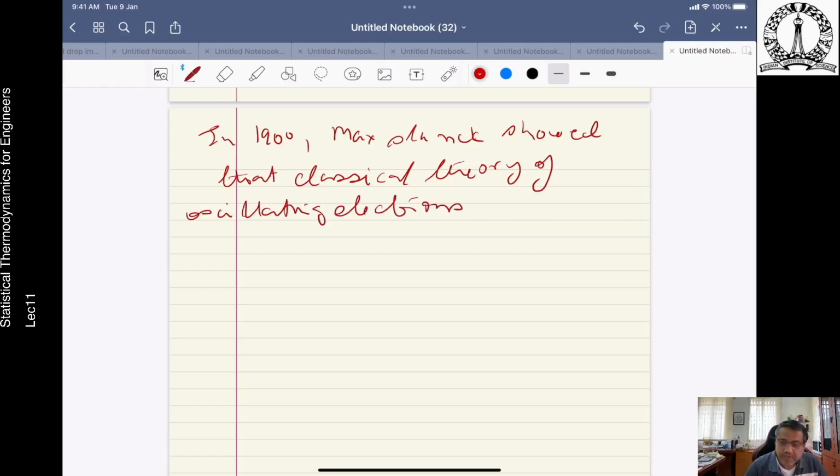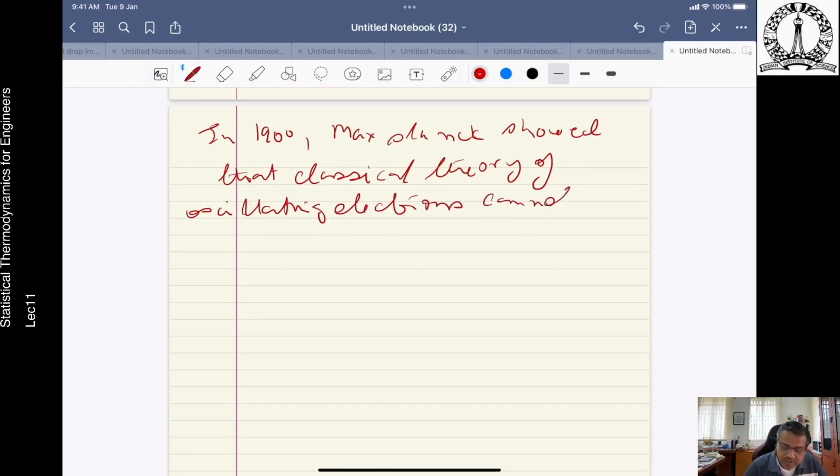They could not explain the blackbody radiation spectrum.